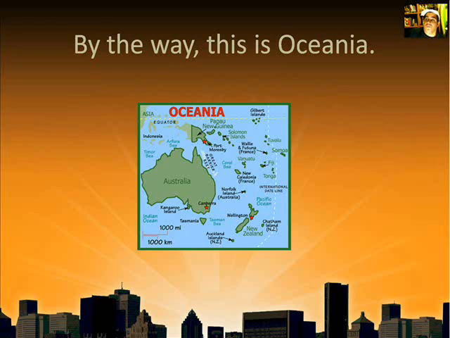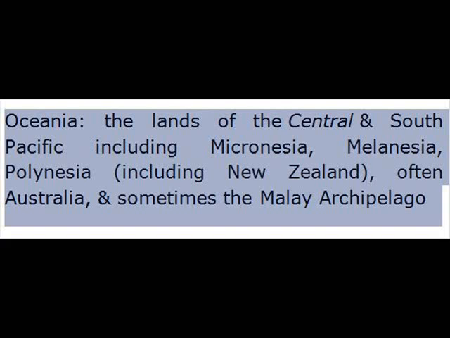There's two islands in Samoa. I don't know if you can see them there. One is the United States, and it's called American Samoa, and the other is not. I believe that's Western Samoa. I'm not quite sure if I got that right. But yeah, take a look at those places there. That is the region we call Oceania.